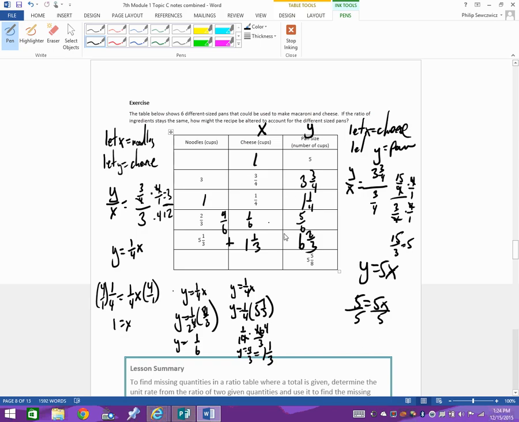All right, let's come on down over here. Again, I know I'm using y equals 5x. I'm going to draw a boundary line here. They gave me the pan size. The pan size is the y, so I'm going to plug in the 5 5/8 for the y. I'm going to divide both sides by 5, so 45/8 over 5.